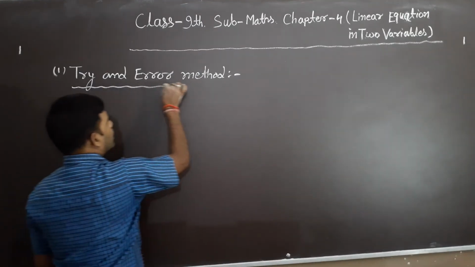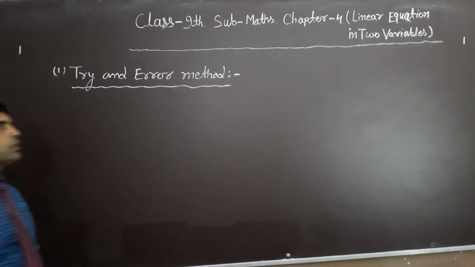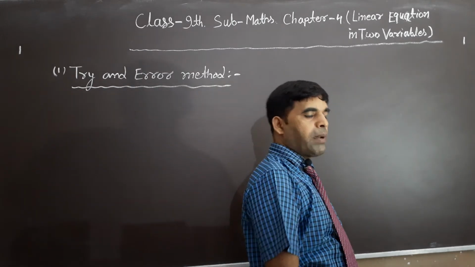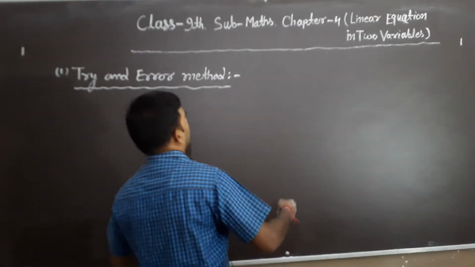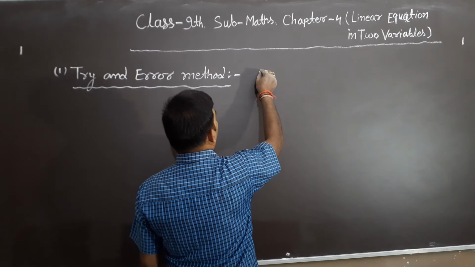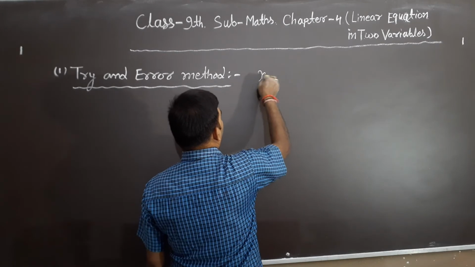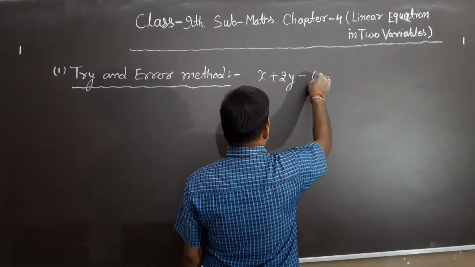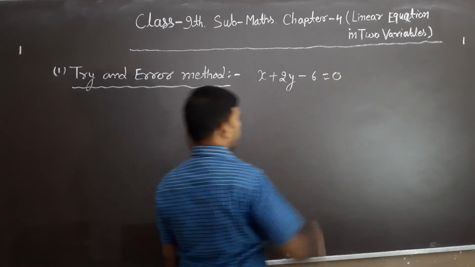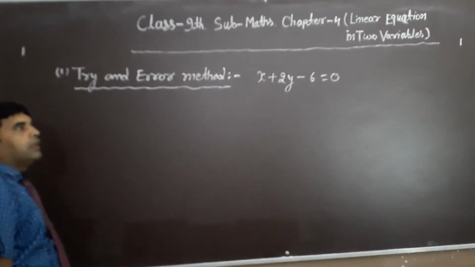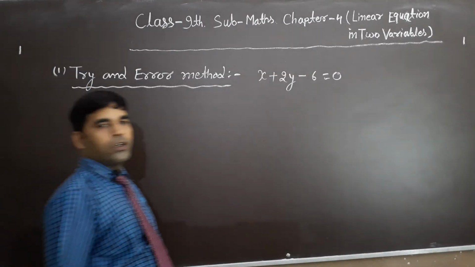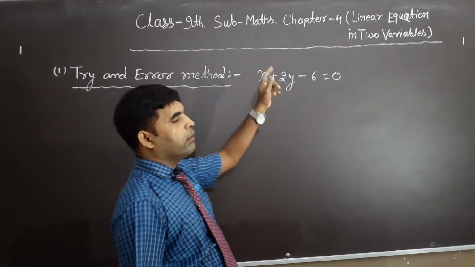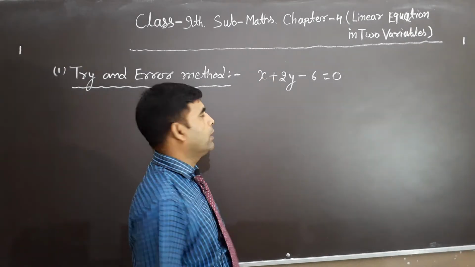In this method, first we write the value of one variable in terms of the other variable. Suppose we take x plus 2y minus 6 is equal to 0, a linear equation in two variables. First we find the value of one variable in terms of the other.